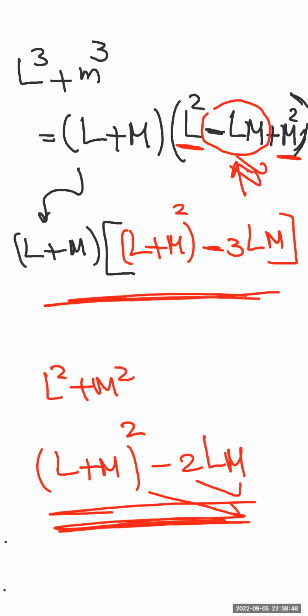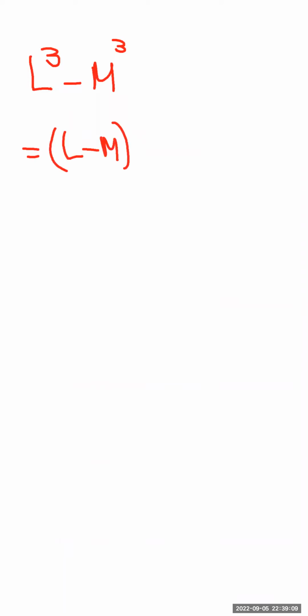The next rule is L power 3 minus M power 3. Also, we studied before the factorization of the difference of two cubes. This one will equal the first bracket, L minus M, the second bracket, first squared, change the sign, first times the second, plus second squared.